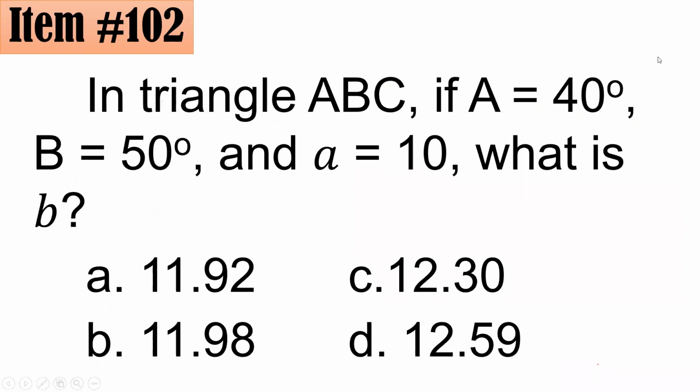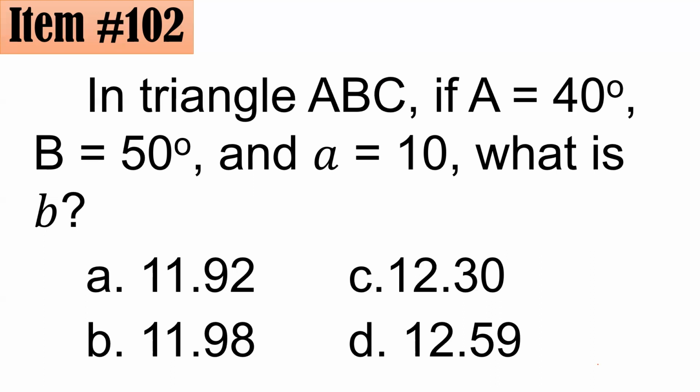102. In triangle ABC, A is 40 degrees. B is 50 degrees and a is 10. What is b? Take note po ha, sa ating trigonometry po, if it is capital A, it means angle.